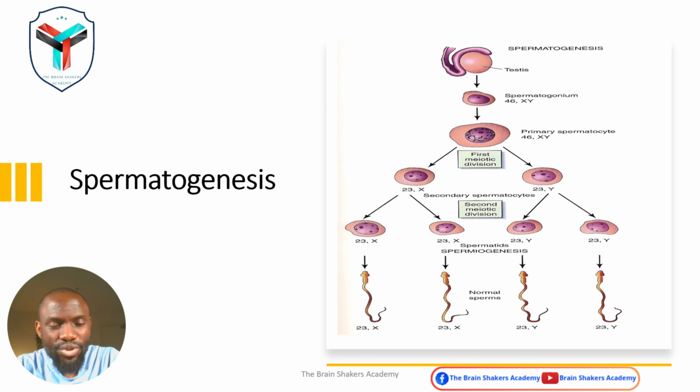The hypothalamus produces and releases the gonadotropin-releasing hormone, which stimulates the anterior lobe of the pituitary gland, also referred to as the adenohypophysis, to produce two important hormones: the luteinizing hormone and the follicle stimulating hormone.